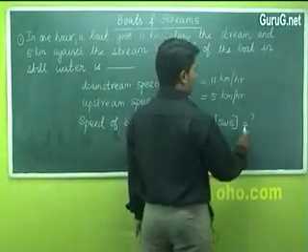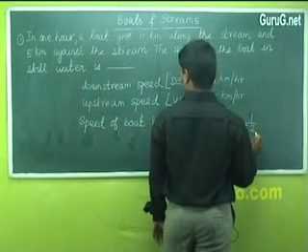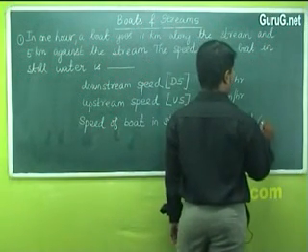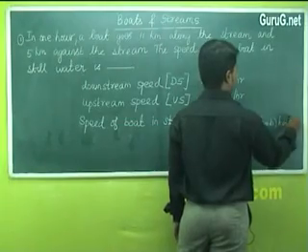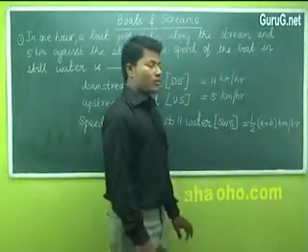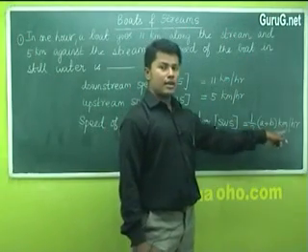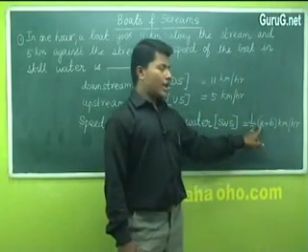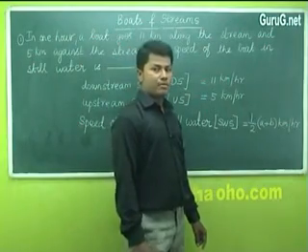You have the formula, that is, speed in Stillwater is equal to half into A plus B kilometer per hour. We have learned this formula. Speed of the boat in Stillwater is half into A plus B kilometer per hour, where A and B are the upstream and downstream speed respectively.